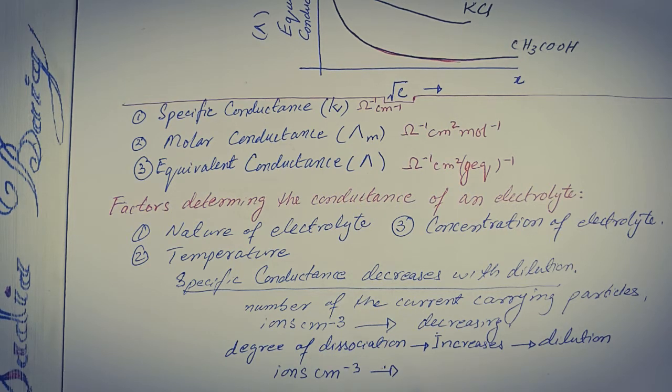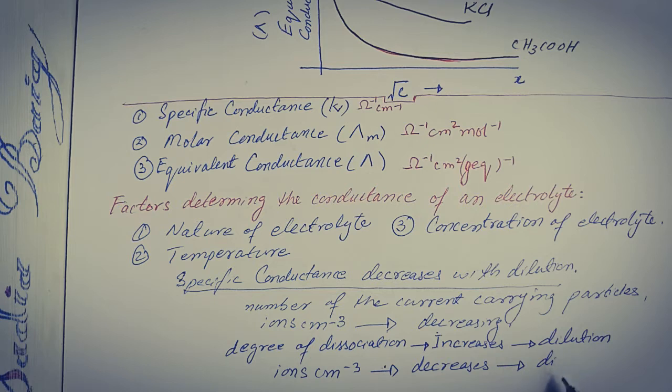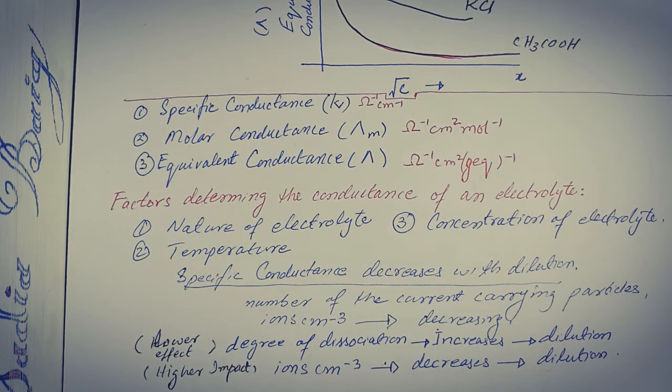So here ions per centimeter cube decrease with dilution. So the degree of dissociation has lower impact on the specific conductance as compared to the number of ions available in the electrolyte solution.